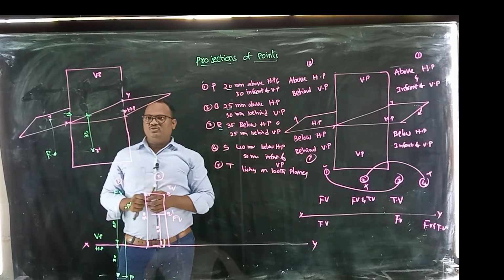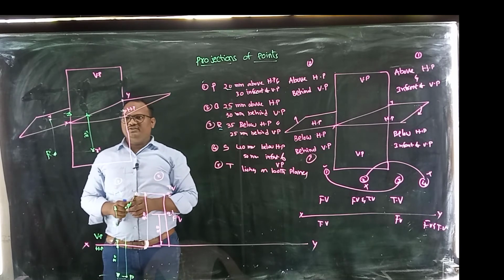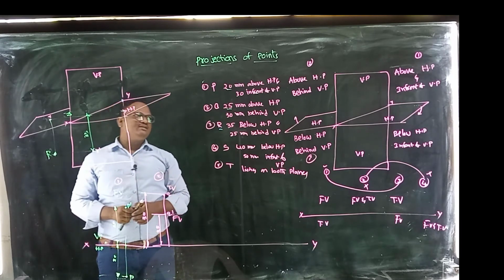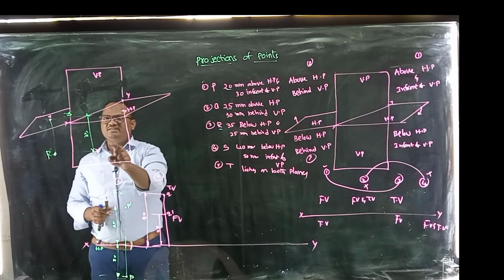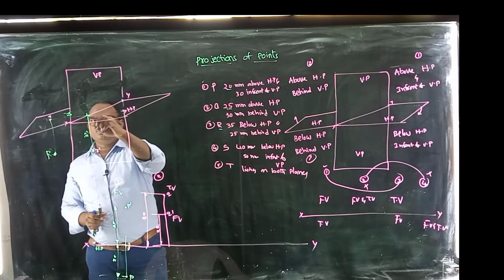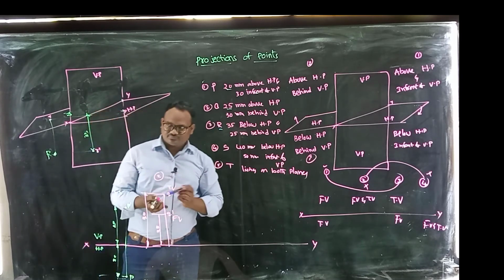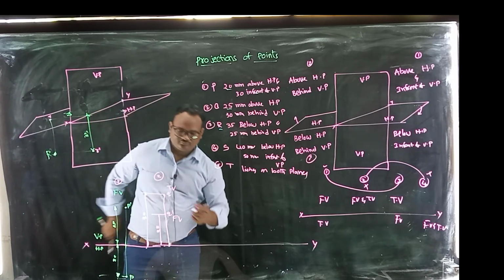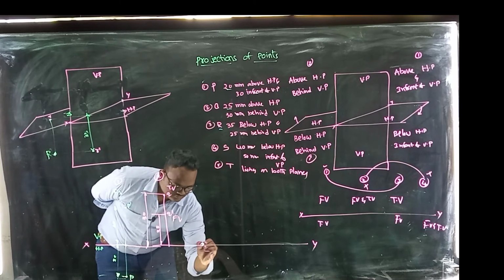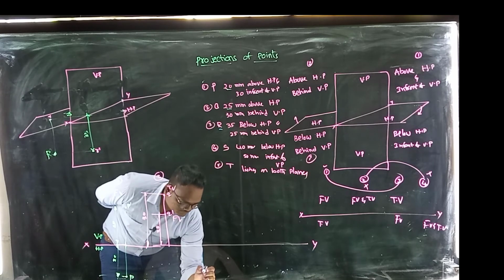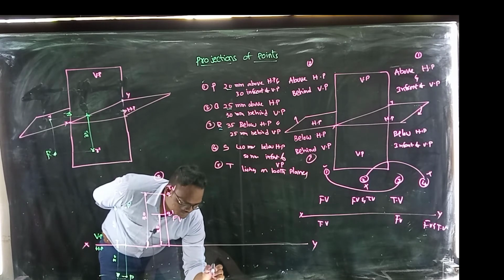Initially what we have to do: whatever the image on VP is constant, right? So that constant image we have to draw first. What is the constant image here? From the reference line to 35 mm below, that is R dash. The point should be dark, that is R dash, that is nothing but the front view.